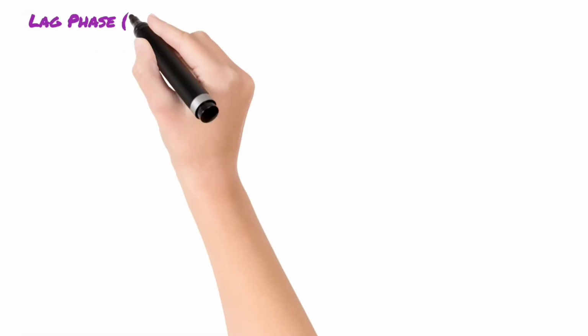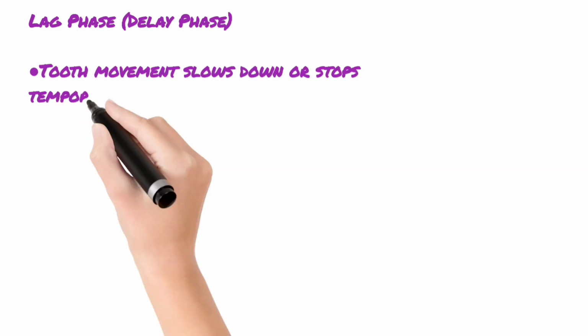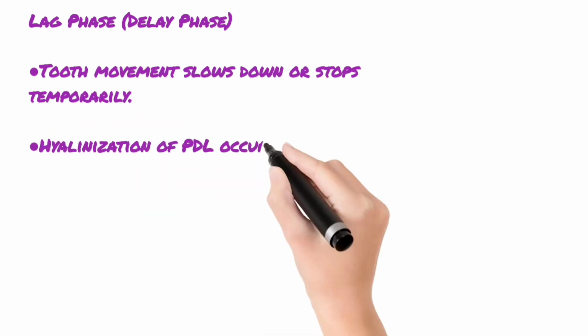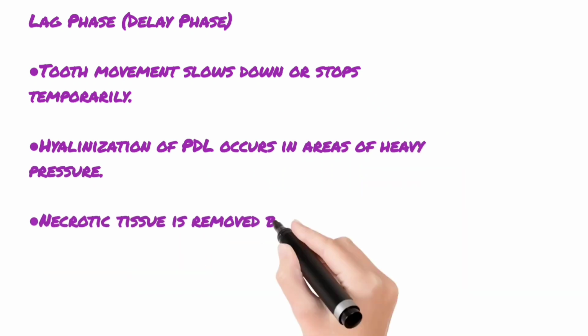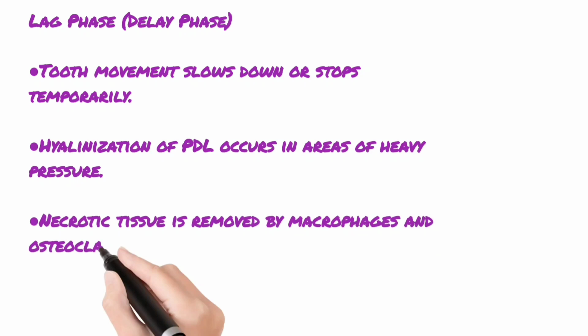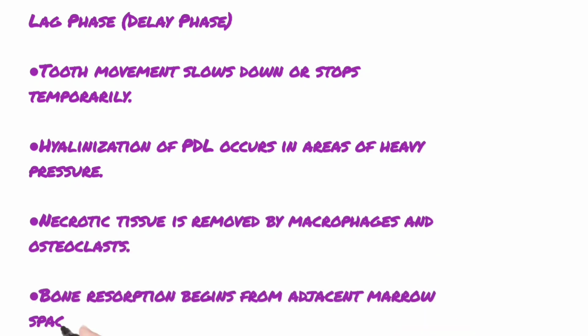Lag phase, delay phase: tooth movement slows down or stops temporarily. Hyalinization of PDL occurs in areas of heavy pressure. Necrotic tissue is removed by macrophages and osteoclasts. Bone resorption begins from adjacent marrow spaces, undermining resorption.